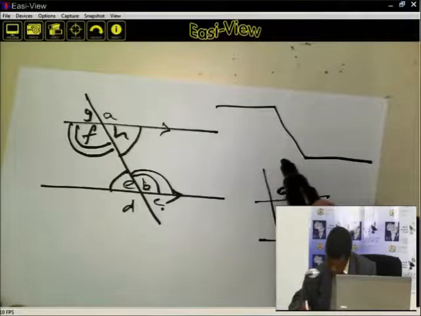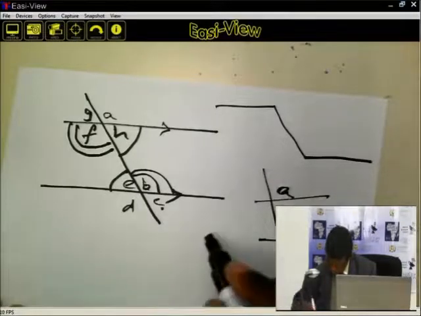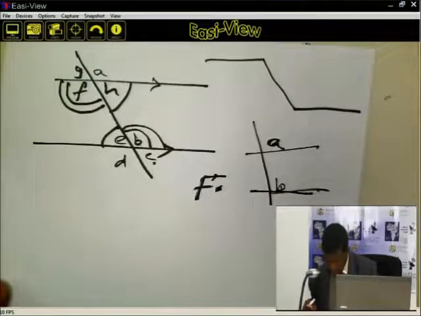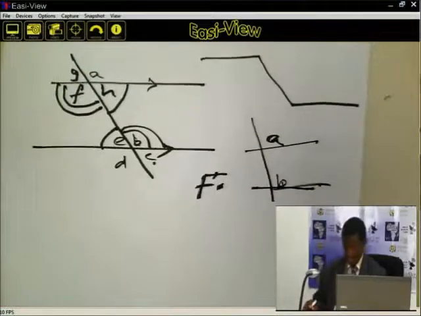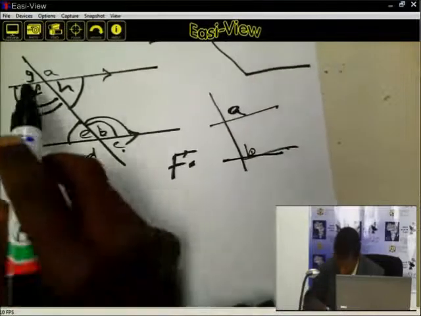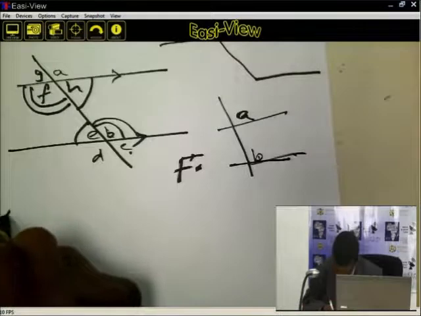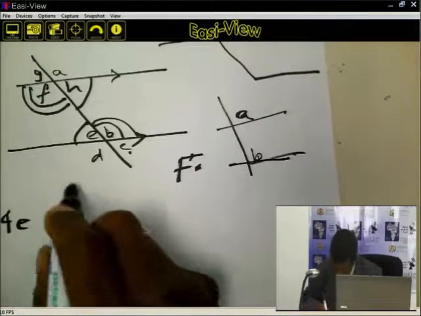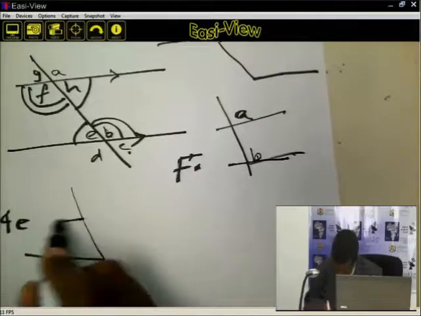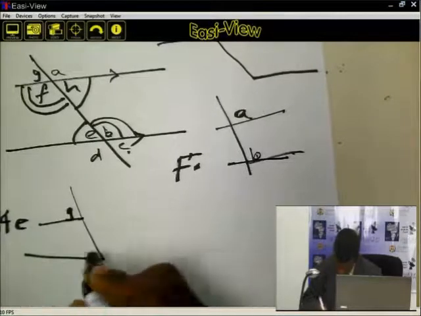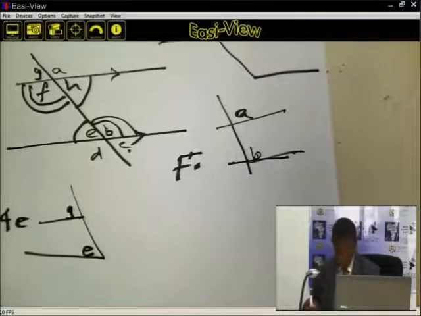You see an F. They form an F. This side too, you have a G and an E. And if you look at this, you have an F. Yes, it's facing this way, but it is still an F. You need to be able to recognize these.